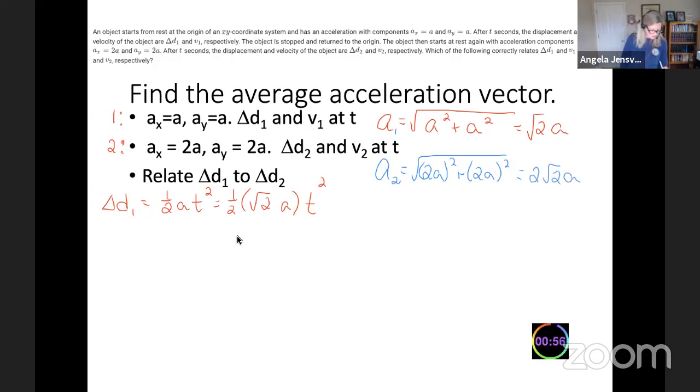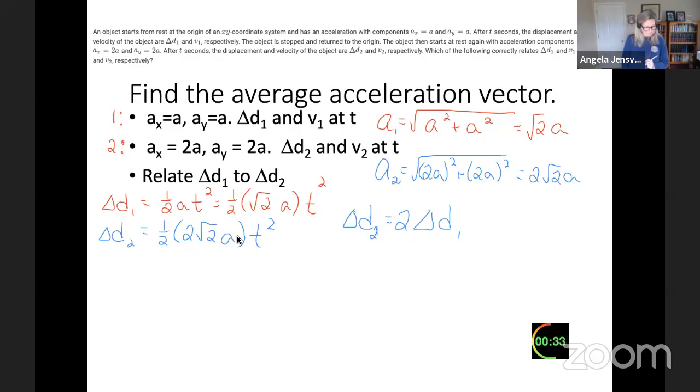So for delta d2, you get 1/2 of 2 square root of 2 a t squared. Oh, okay. Well, if I take delta d2 over delta d1, I get 2. So what that means is delta d2 is equal to twice delta d1.